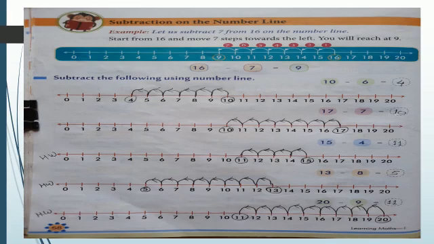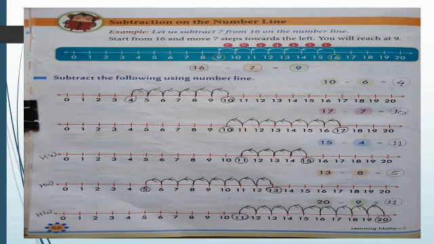We take 7 jumps backward, or towards the left side, from 16 on the number line. You can see in the picture how we have to take jumps from 16, on the left side.